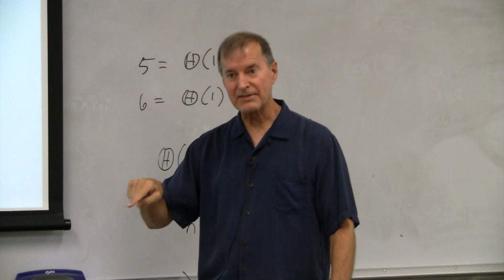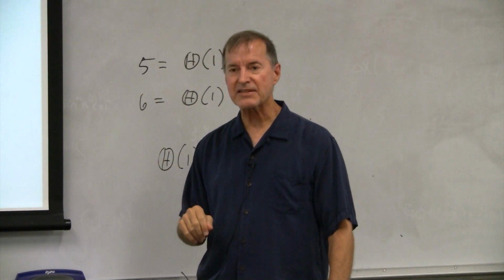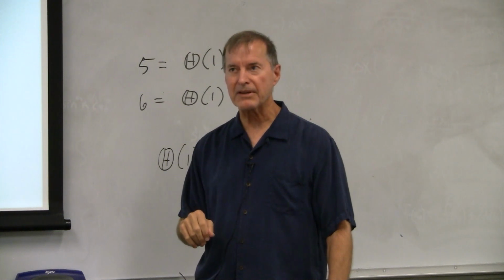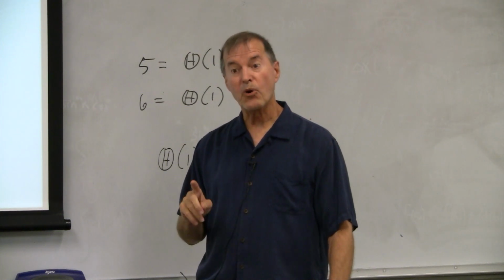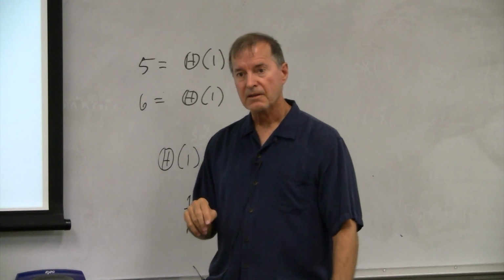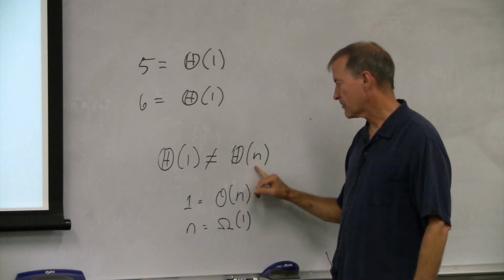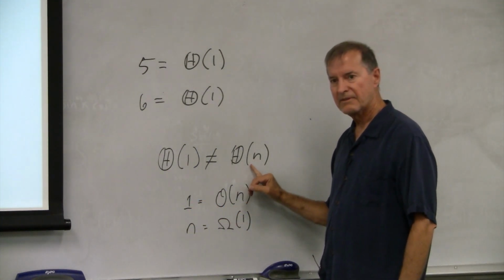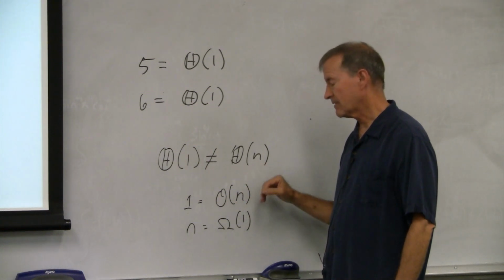It just takes one step, because it goes directly to it. That's an example of an algorithm that is big theta of 1. But this n is linear, so if you double it, the time doubles.